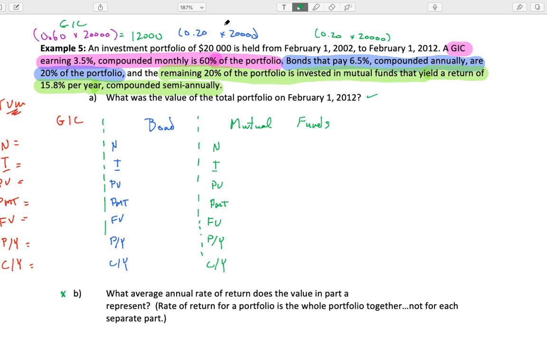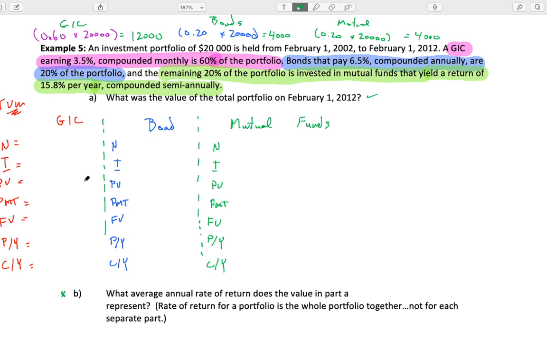For bonds, again this is the wrong color, I'm sorry, if 20% of $20,000 is in bonds, that means I have $4,000 in bonds. Last but not least, mutual funds: 20% of $20,000, so I have another $4,000.